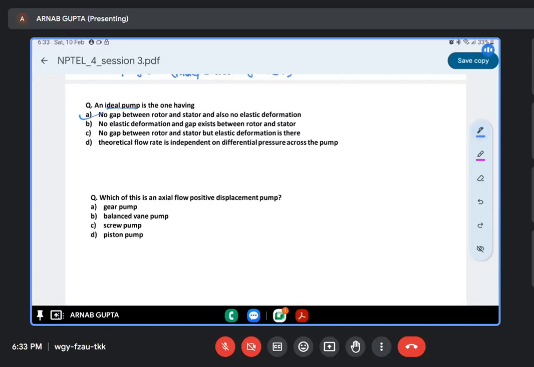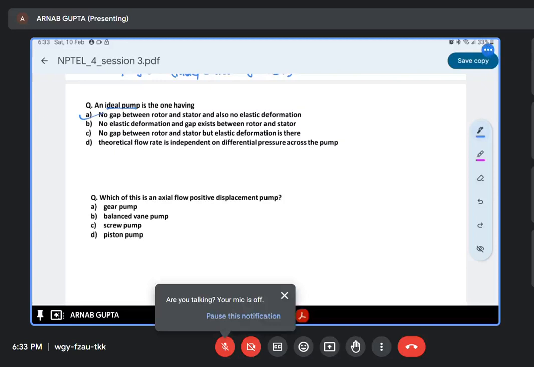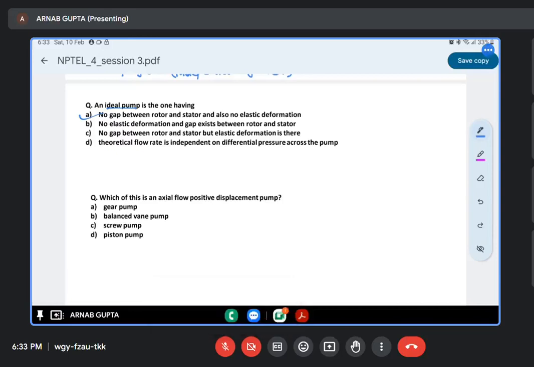because if there is elastic deformation, then leakage will happen between the mating parts, or between the rotor and the stator. There will be some gap, and leakage from the high pressure side to the low pressure side can occur if there is elastic deformation, if there is a gap between them.